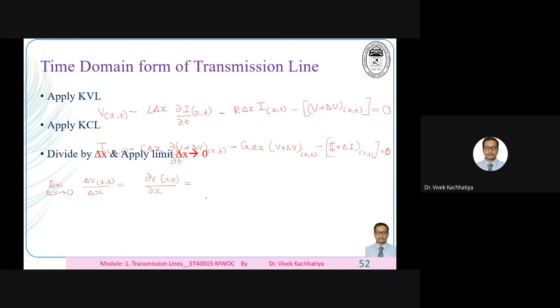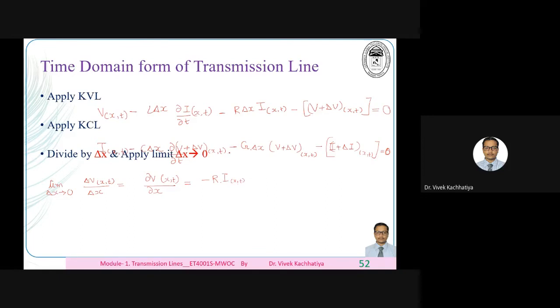Which is equivalent to, now here this R will come as it is. When I divide by delta x, this delta x will go, this R will come as it is, I will come as it is. So I will write it as minus R into I of x comma t.